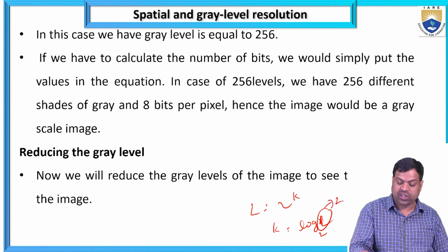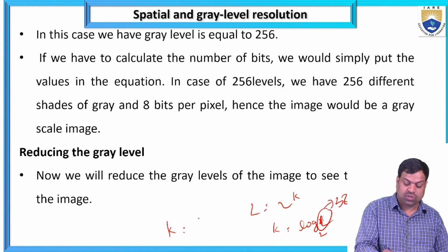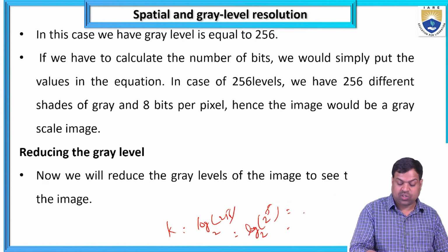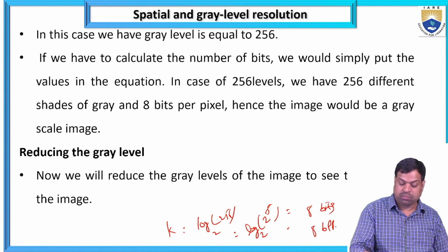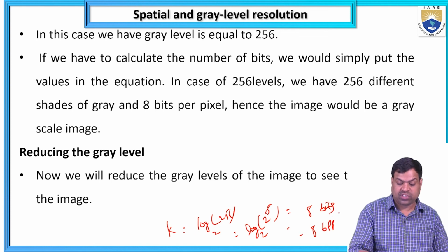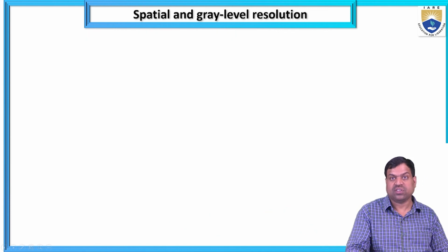Applying the L value 256, k equals log 256 base 2. So 2 power 8 means 8 levels, or 8 bits, 8 BPP, bits per pixel. So the input is 256 and the output is 8 BPP.